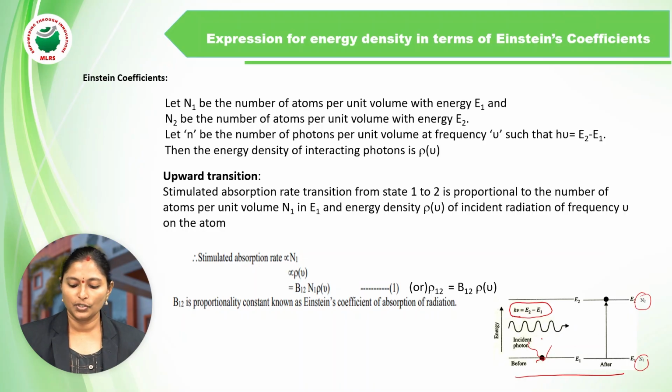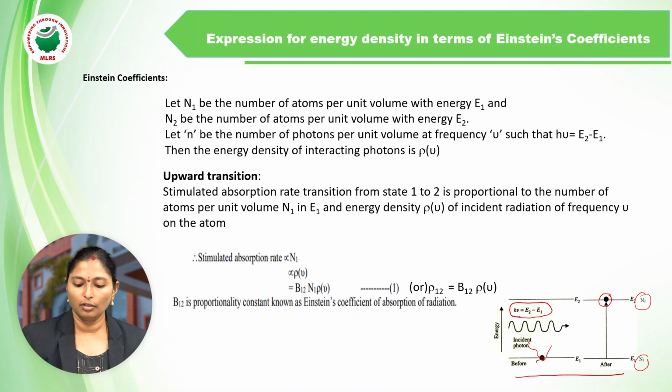That means we are incident with some photon energy equal to E2 minus E1. If we incident this energy on the atoms in the ground state, the atoms absorb this energy and move from the ground state to the excited state. This is the absorption process.